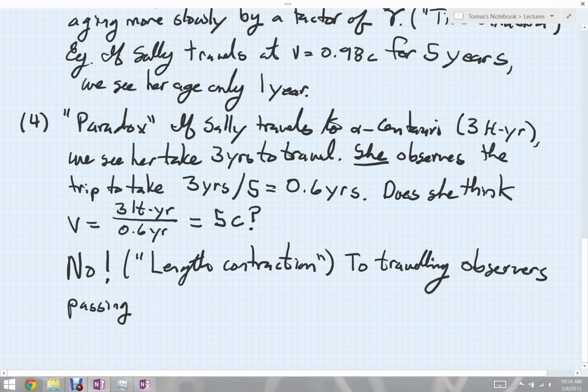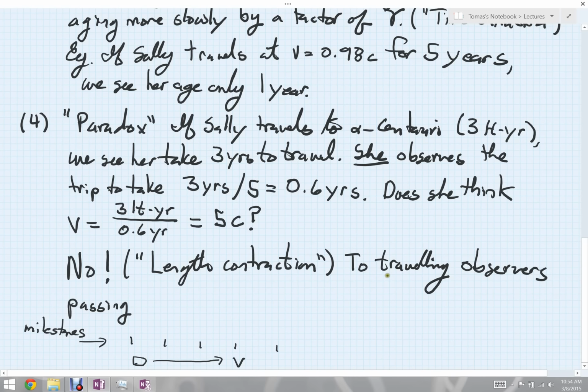We're not talking about them passing something that's moving, or looking at milestones that are moving along with them. The idea is there are some milestones that are stationary like this, so I'll label those here milestones. And I'm talking about an observer in some kind of a spacecraft whizzing past these at some velocity v.